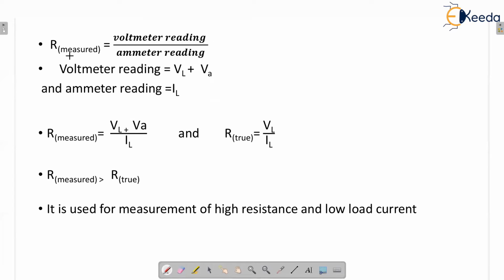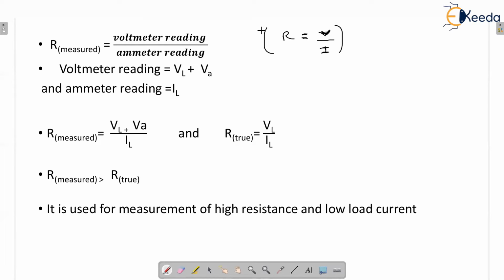Measured resistance R measured is equal to V by I. How did we get R equal to V by I? Measured voltmeter reading divided by ammeter reading.